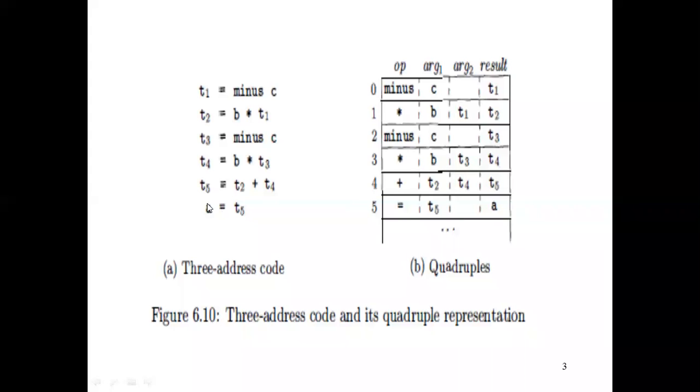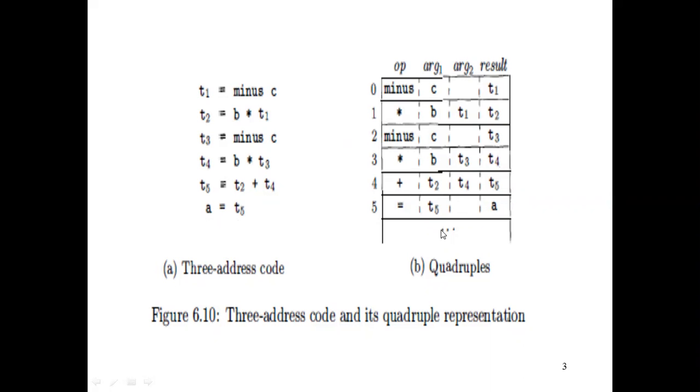Result means the last identifier to which you are going to assign the whole value. The given expression is A is equal to B star minus C plus B star minus C. A is equal to means you assign the complete value to this A.